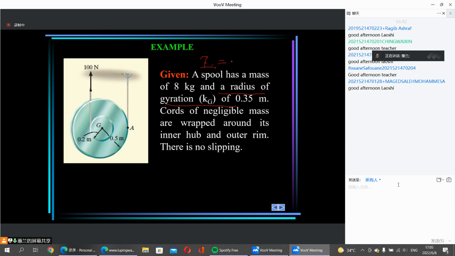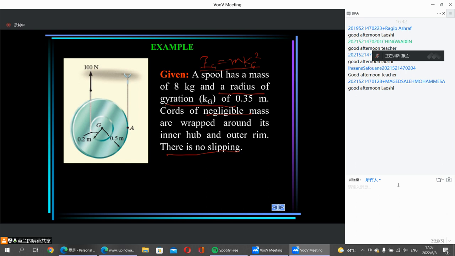IG will equal m k_G squared. Because of the negligible mass, ignore the mass of the cord, which is wrapped around its inner hub and outer ring. There is no slipping. Oh, it already states that there is no slipping. So since there is no slipping, the contact point should be the IC, okay.